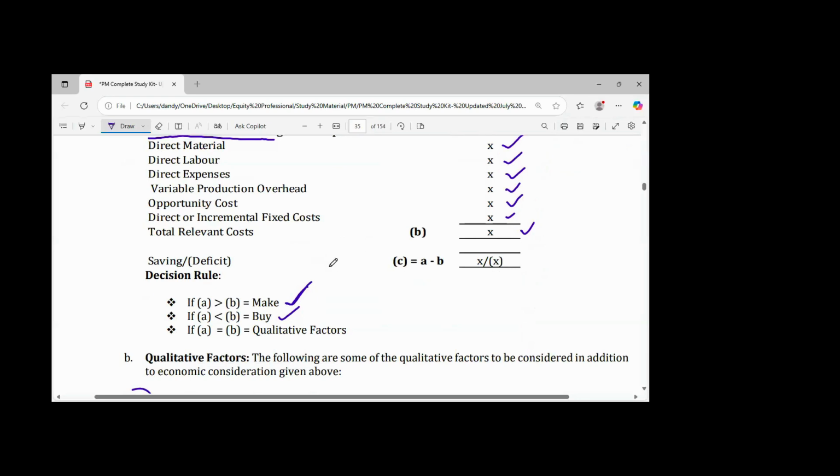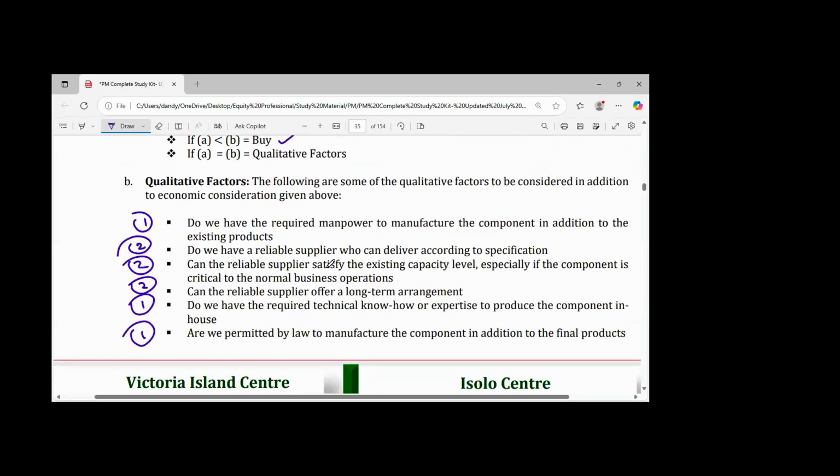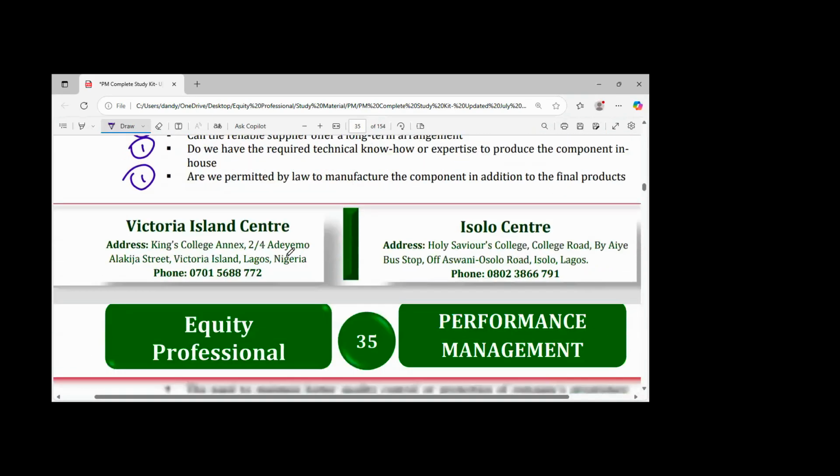But if supplier's quotation is less than relevant cost of making, then you buy from the outside supplier because it is cheaper. Then I also mentioned about the qualitative factors that you need to take into consideration as far as the make or buy decision is concerned.